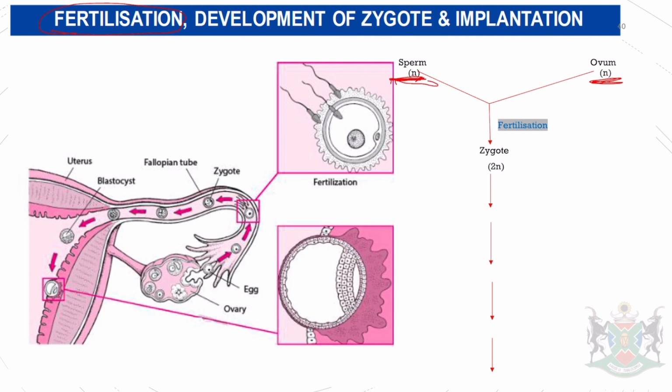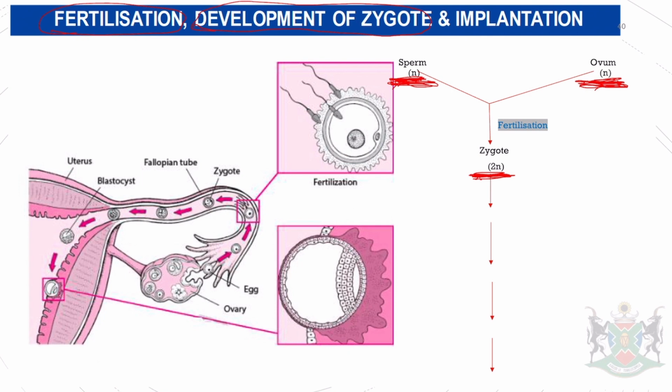It is when a haploid sperm fertilizes a haploid ovum to form a diploid zygote. So the nucleus of the haploid sperm merges with the nucleus of a haploid ovum to form a diploid zygote. Then, what happens to the zygote after it has been formed?